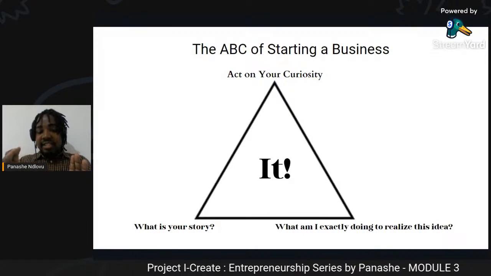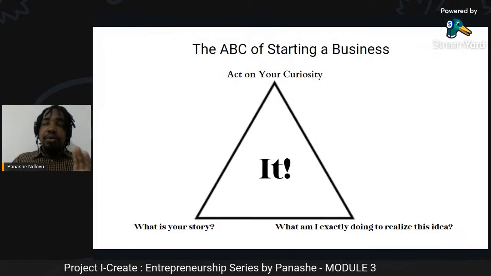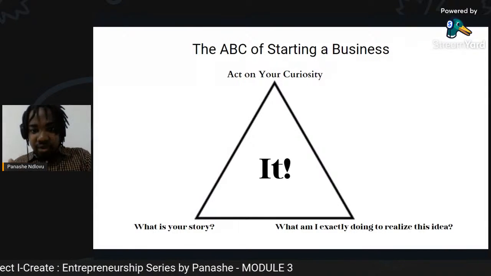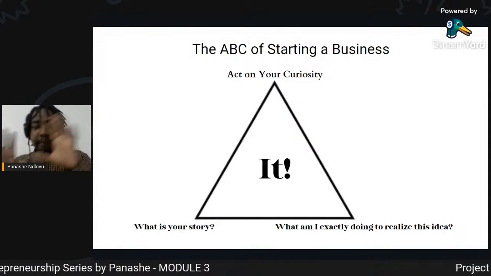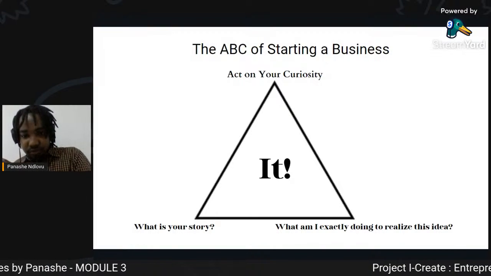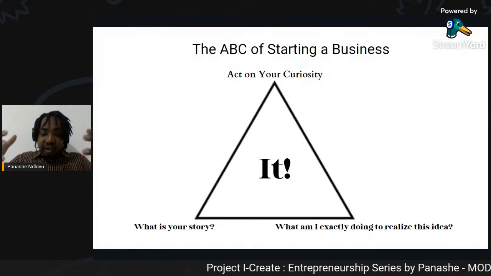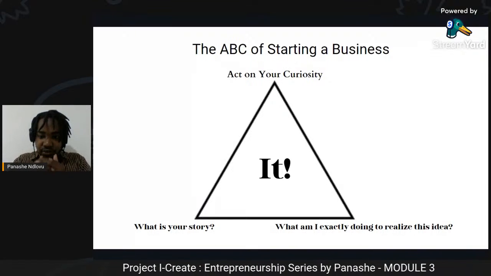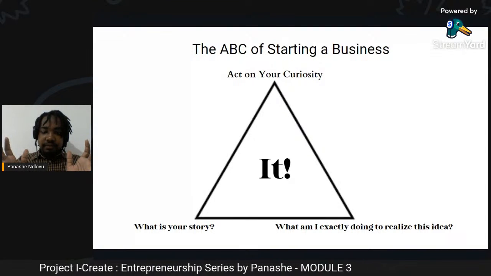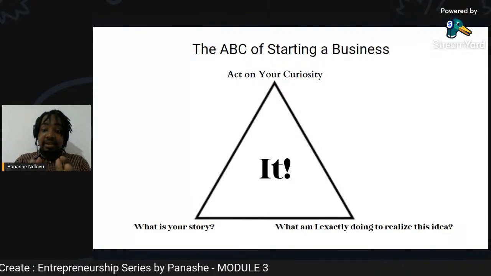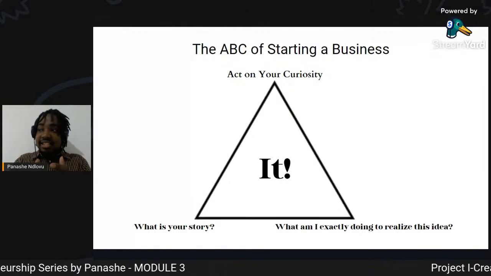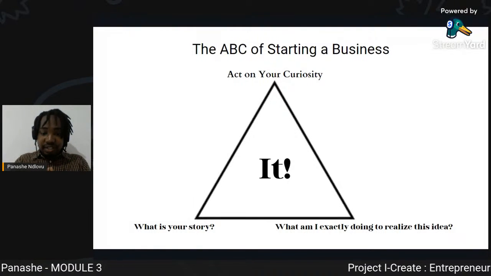So write those ideas down, jot those ideas down, make note of all those ideas. And as you go along the way, follow your creativity. It's all going to make sense with time. This is the essence. This is the power of creativity, right?